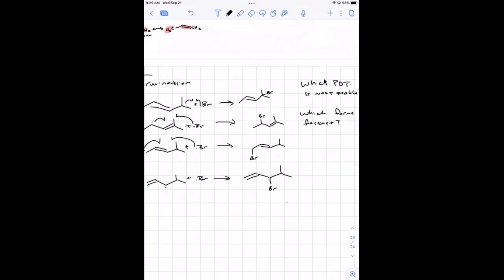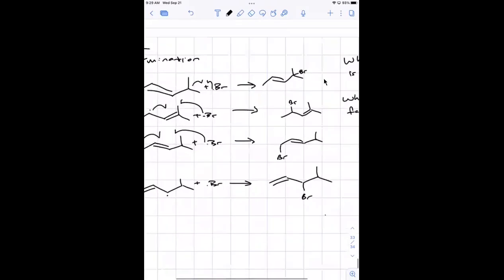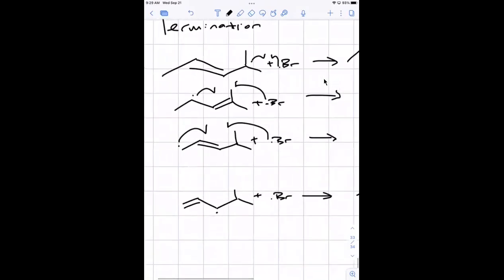Go ahead. I just said the amount of times it's substituted. Okay, so when you say that, what do you mean? The radical? Yes. Okay. So which one of these radicals is the most substituted on this side? You have this one right here, which is tertiary.